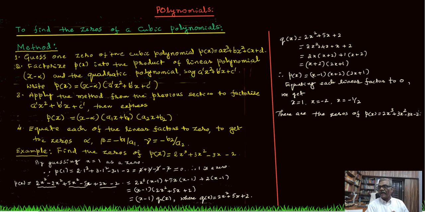In this way we can get the zeros of the cubic polynomial.